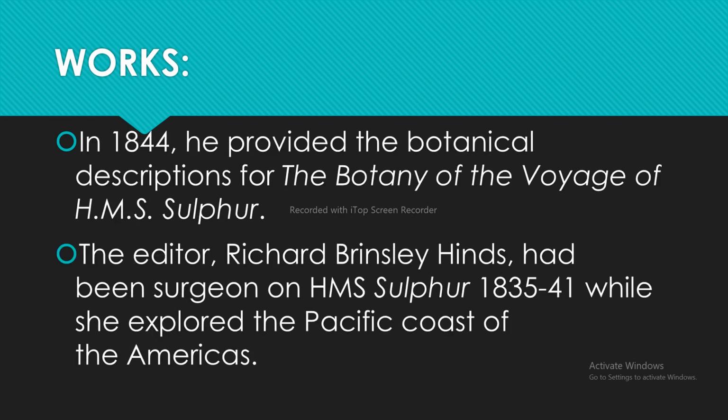In 1844, he provided the botanical descriptions for the Botany of the Voyage of HMS Sulphur. The editor, Richard Brinsley Hinds, had been surgeon on HMS Sulphur, 1835 to 1841, while she explored the Pacific coast of the Americas.